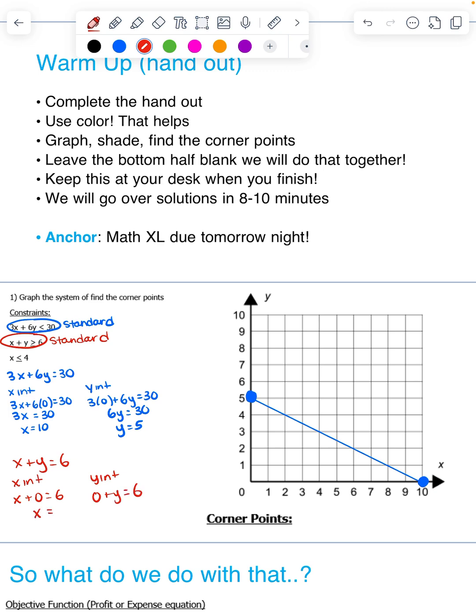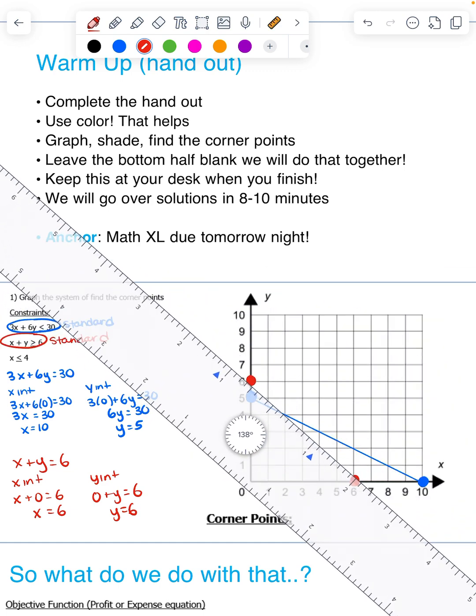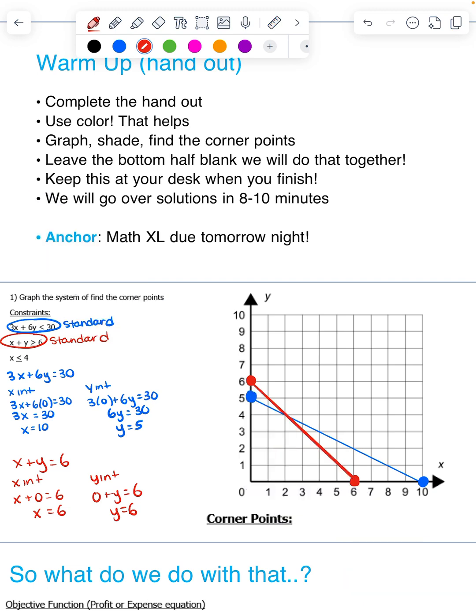And when I work through this, I end up with x is 6 and y is 6. So on the x-axis, I'm making a point at 6, and on the y-axis, I'm making a point at 6. And again, I want to take that ruler and go right through the middle of my points. So now I have my second line.